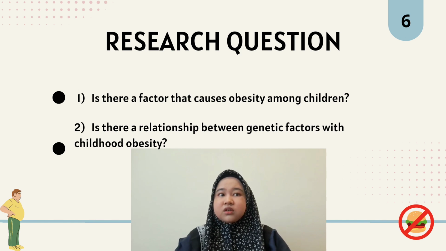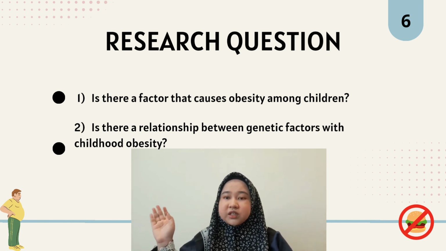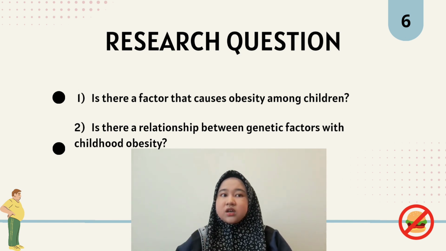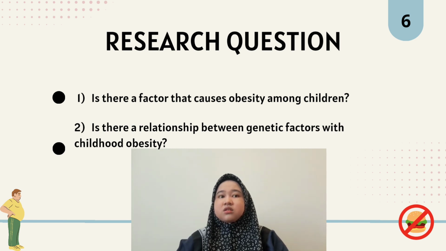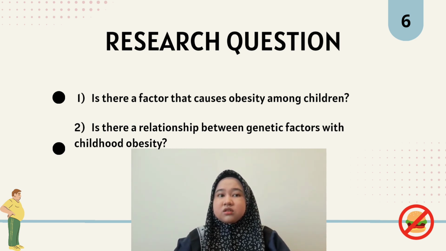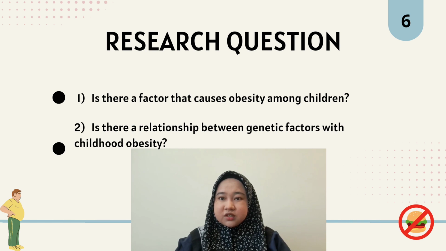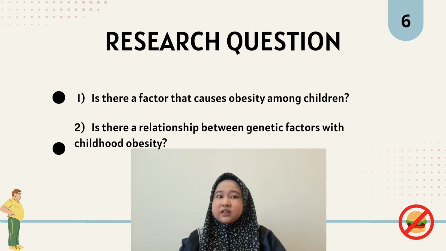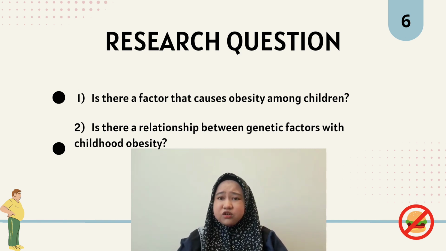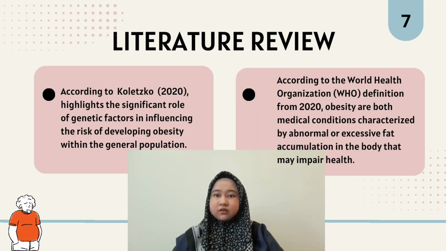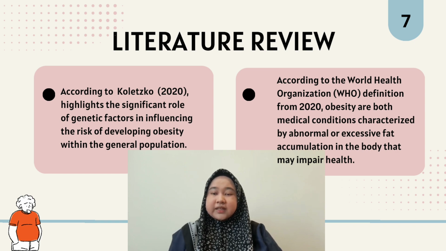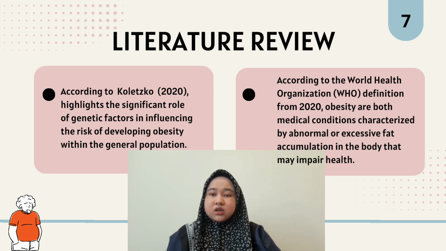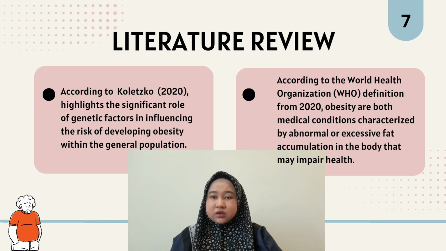There are a few questions related to the research objectives, which are: one, is there a factor that causes obesity among children? Two, is there a relationship between genetic factors and childhood obesity?